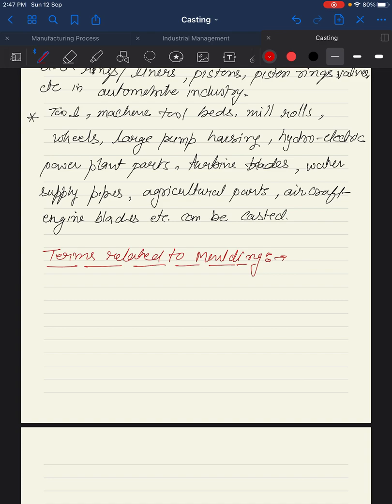Okay, let's do the terms related to molding. First term, this is very important, first term is molding flask. FLASK, flask. Got it? Okay, molding flask. Let me draw the diagram of the molding flask.